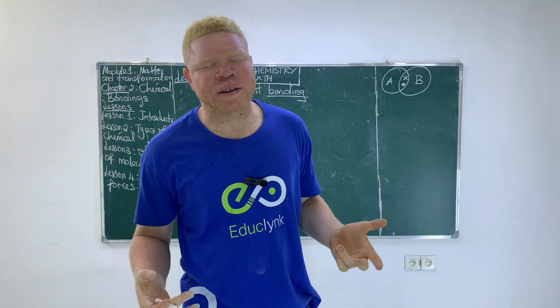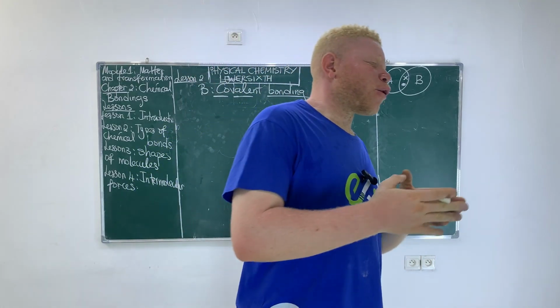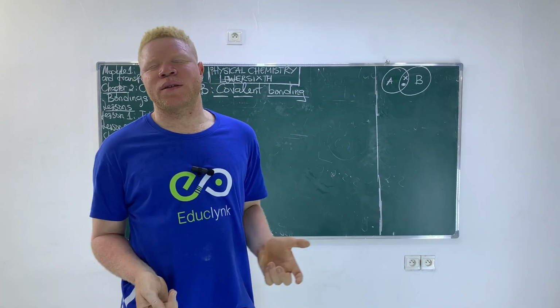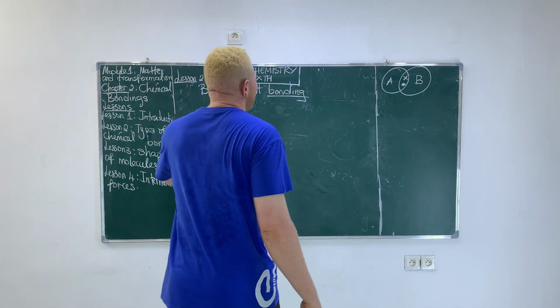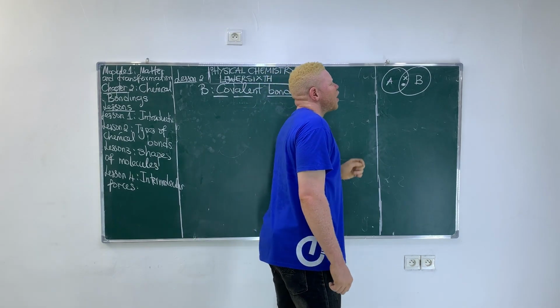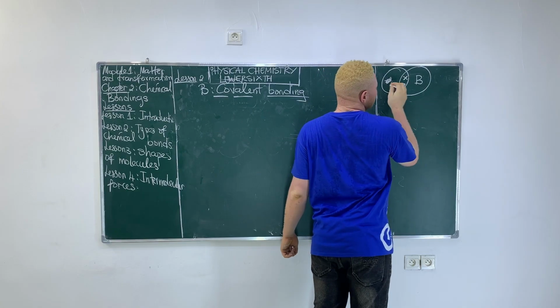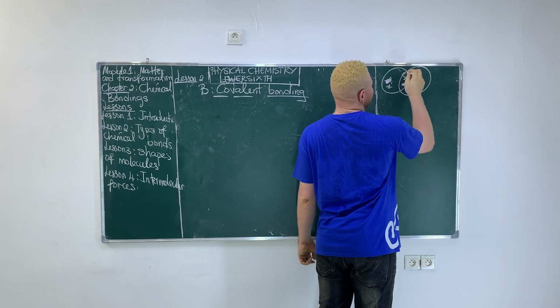In a covalent bond, we don't have a complete transfer of electrons from metal to non-metal. In this case, there is just sharing of electrons to attain a noble gas configuration. So what does a covalent bond comprise of? It is the electrostatic force between A, which has a nucleus. We all know a nucleus is positively charged, and the electrons are negatively charged.